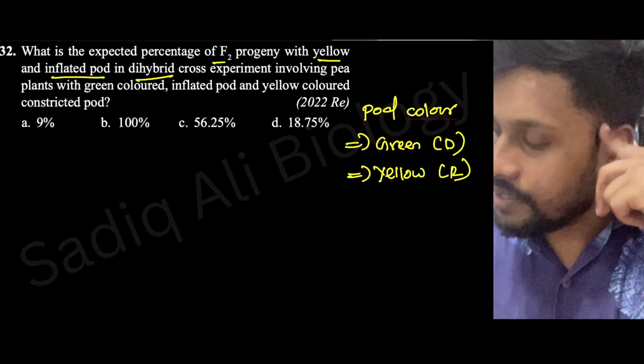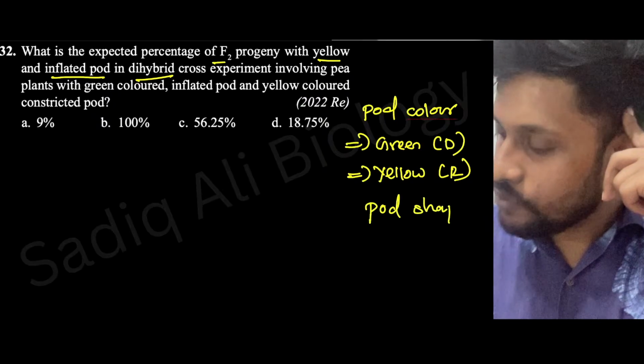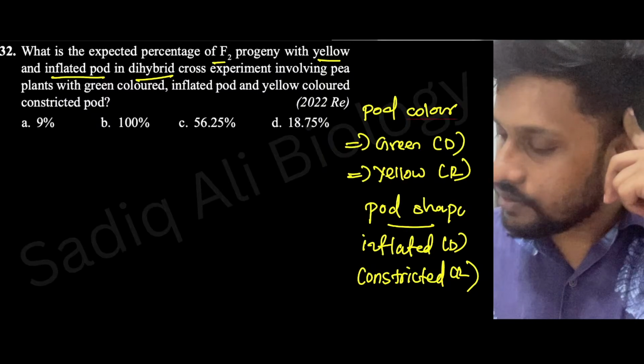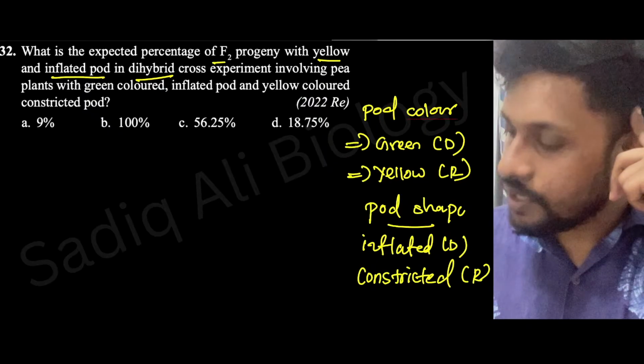And similarly, in pod shape, which is dominant? Inflated is dominant, and constricted shape is recessive, right? Yeah. Now let me cross, guys.